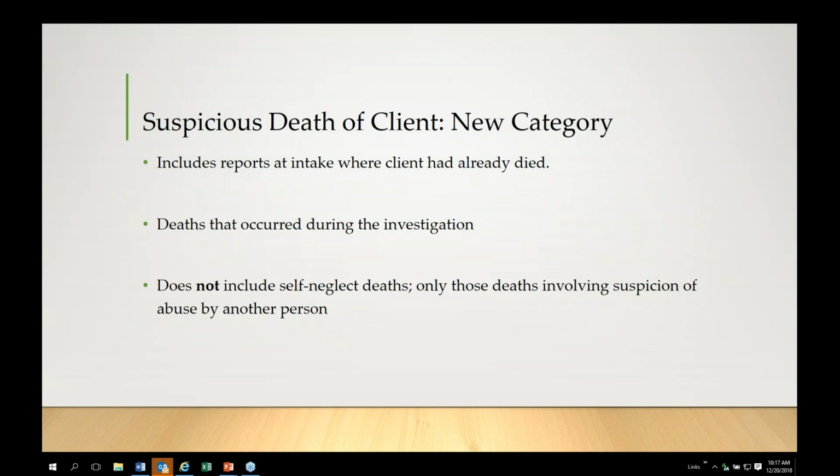That will be collected at intake when the report is that someone died and they think it's the result of abuse. It also includes deaths that occur during the investigation where it's suspicious and you think that the abuse may have been what caused the death. Do not include self-neglect deaths. You're only including deaths that involve a suspicion of abuse by another person.